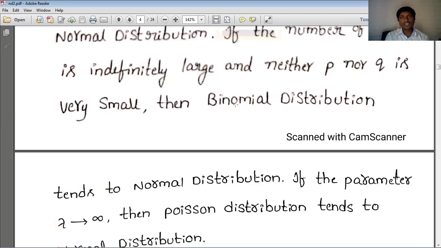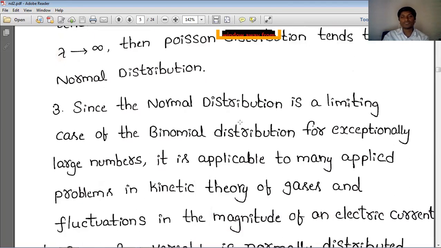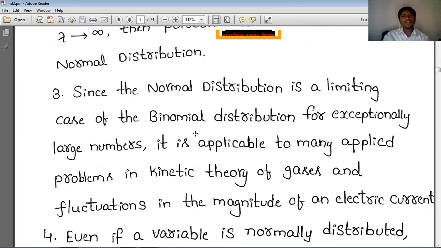But in the Poisson distribution, lambda is the parameter. When lambda approaches infinity, the Poisson distribution tends to the normal distribution. Next is a limiting case of the binomial distribution for large n, what we discussed: when n is indefinitely large.